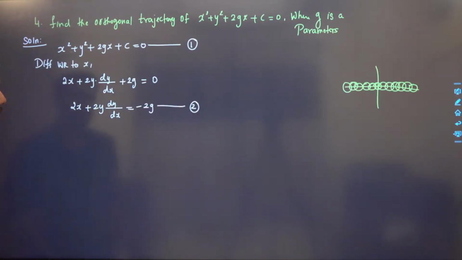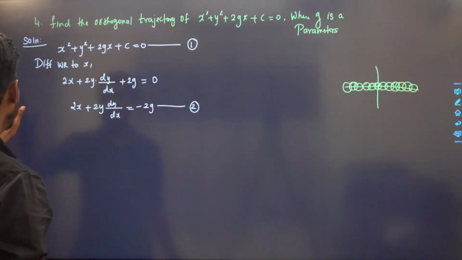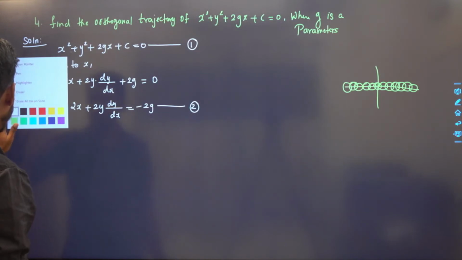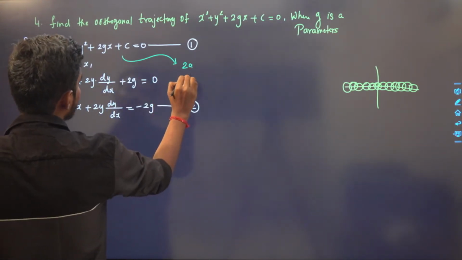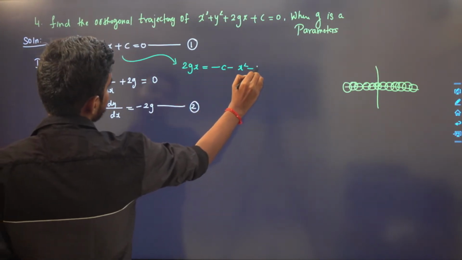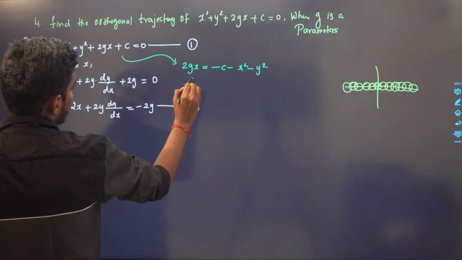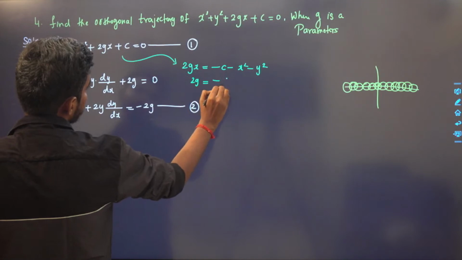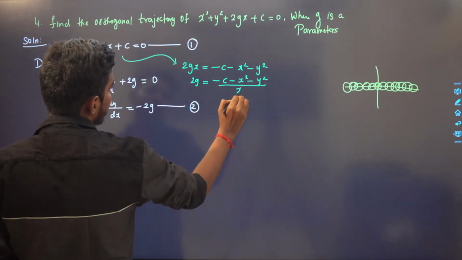Now we will eliminate g, right? So from here we can find the value of minus 2g, right? From equation 1 we have 2gx is equal to minus c minus x square minus y square. So that means 2g is minus c minus x square minus y square by x.